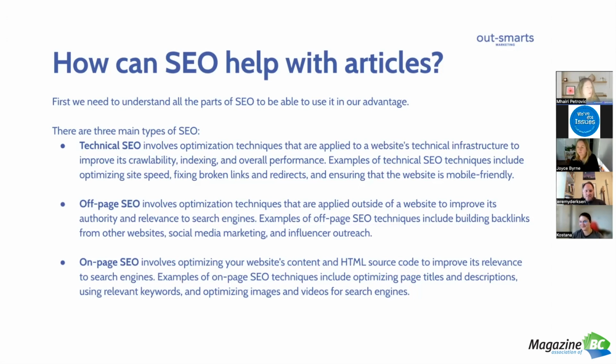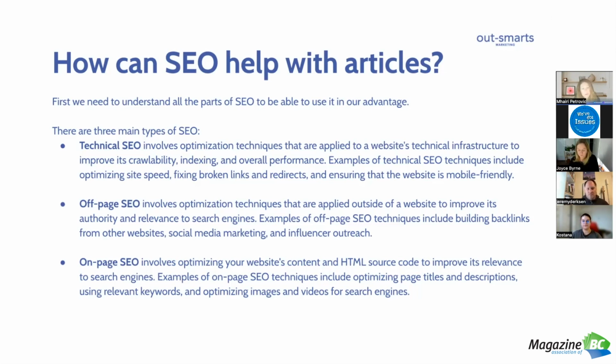But SEO can help with your article in various different ways. Ultimately, it helps people to find your articles. It helps you to organize your articles in ways that are Google friendly, so that Google finds it, crawls your page, and organizes it into the index that you want to see in the search results when people are searching.